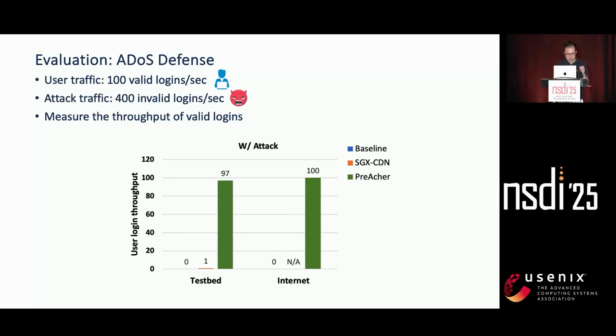However, once we have attackers sending 400 invalid logins per second, both the baseline and SGX CDN cannot serve any valid user logins. But PreAcher can still maintain a high throughput close to 100 logins per second on the testbed and on the internet.